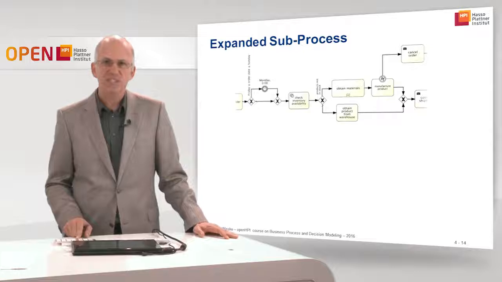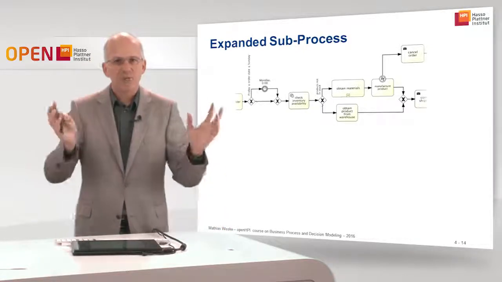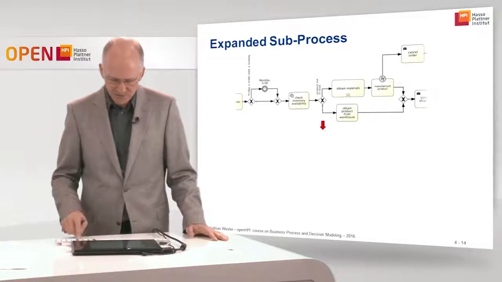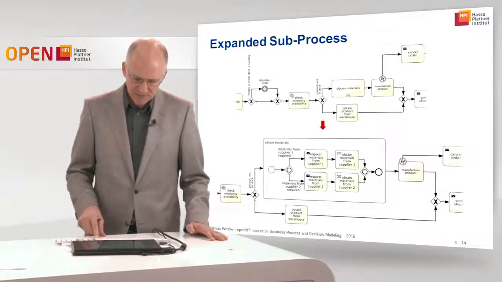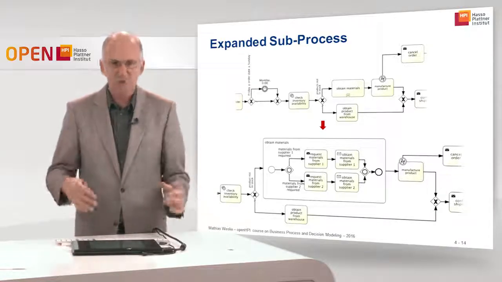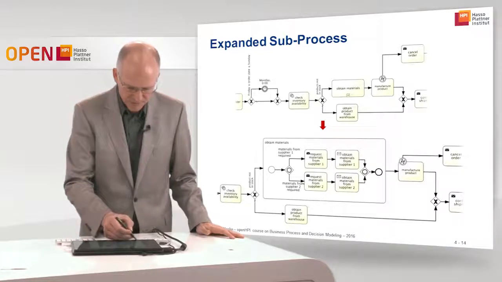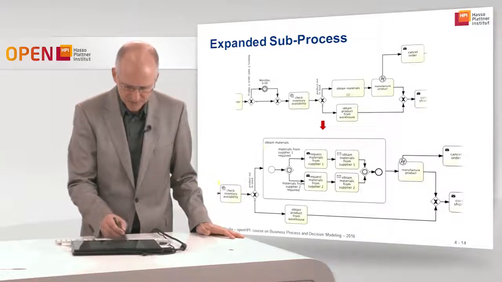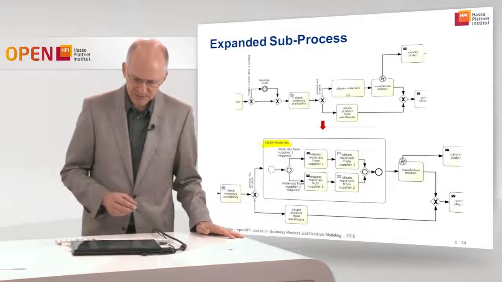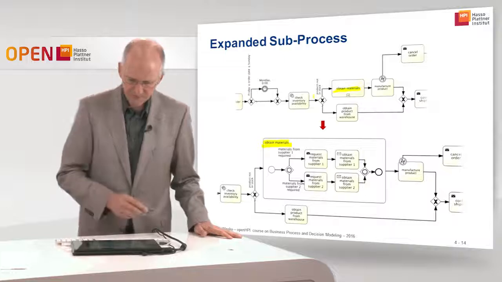We can also use expanded sub-processes to indicate that there is a part of the process that logically belongs together. And we'll do that here. So here in the first view, it's clear that this structure logically belongs together, and it even got a name. The obtain material sub-process needs a specific name, and that's of course the same name as we have here.